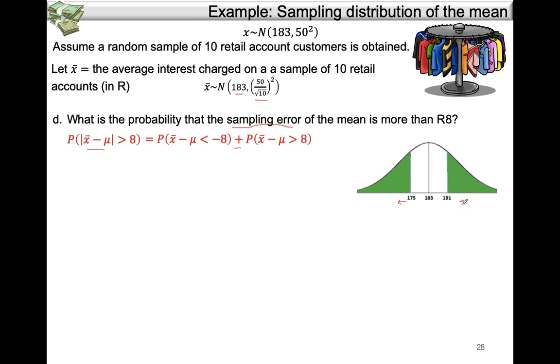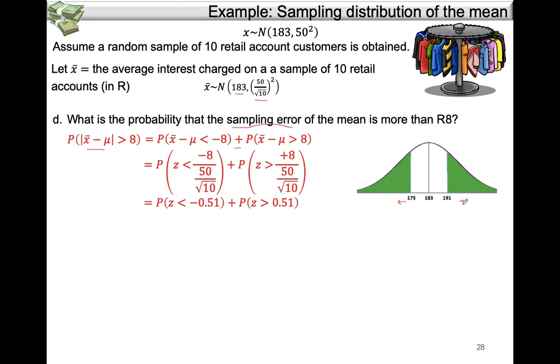When we standardize, we're going to divide by the standard deviation of X bar. So now this will give us the probability of Z less than minus 8 divided by 50 over the square root of 10, plus the probability of Z greater than positive 8 divided by 50 over the square root of 10. So this is equal to the probability of Z less than minus 0.51 plus the probability of Z greater than 0.51.